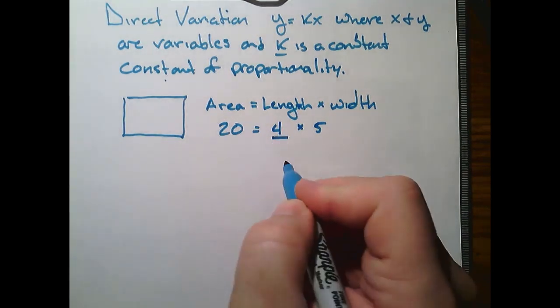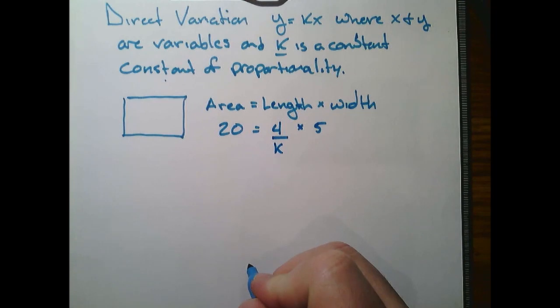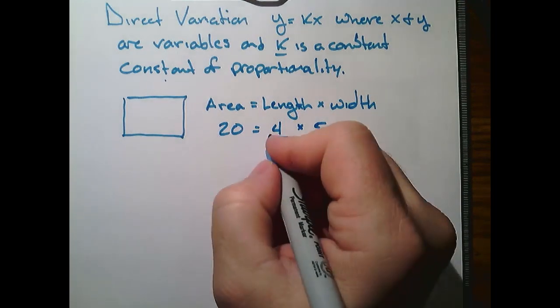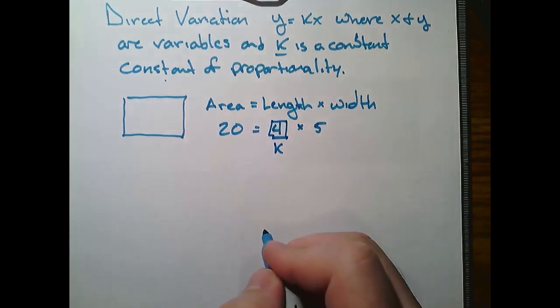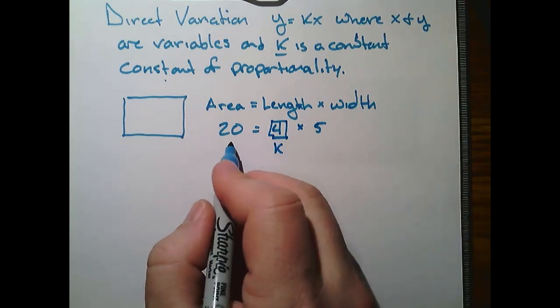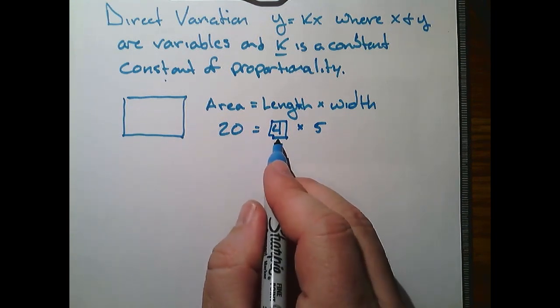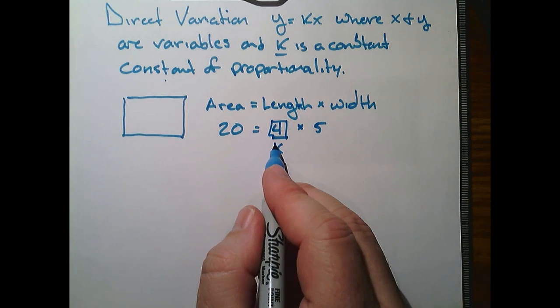Now suppose we fix our length and we say it's k. So 4 is going to stay locked in place. Every time we adjust 5, then our area is going to adjust by our constant of proportionality, our 4.